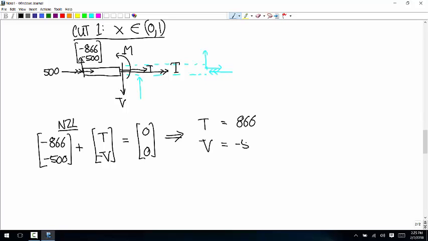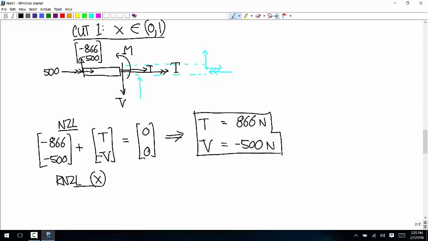V is equal to negative 500. And then we'll do the moment equation about the x-axis. 500 Newton meters plus fancy T is equal to 0. So that internal torque is negative 500 Newton meters.